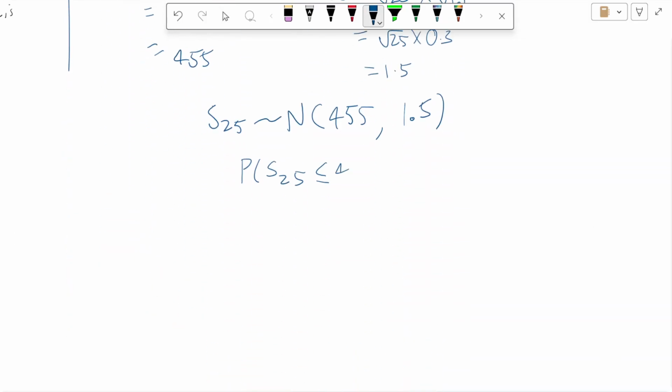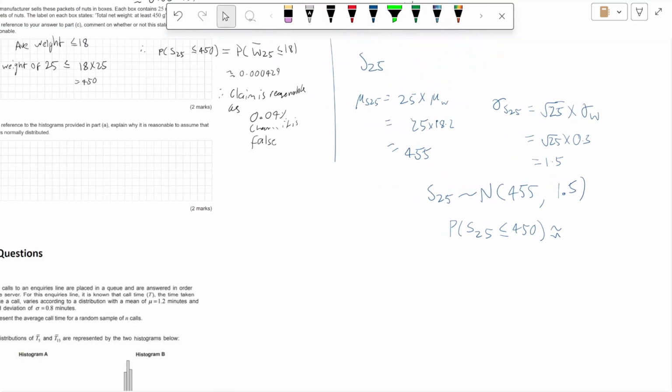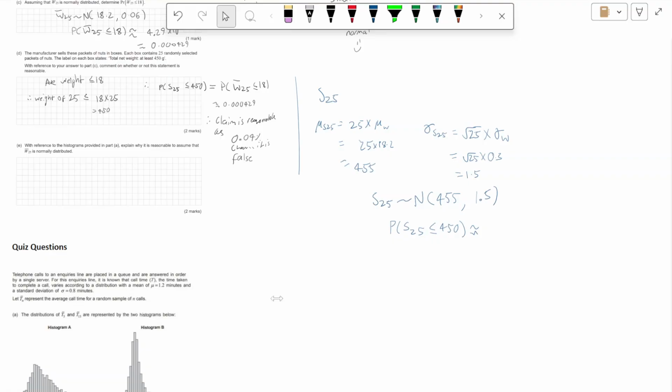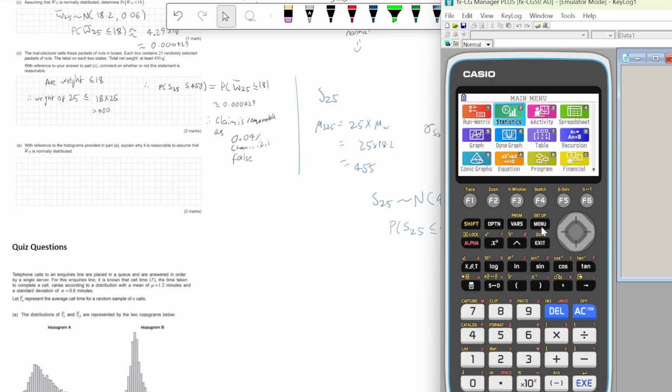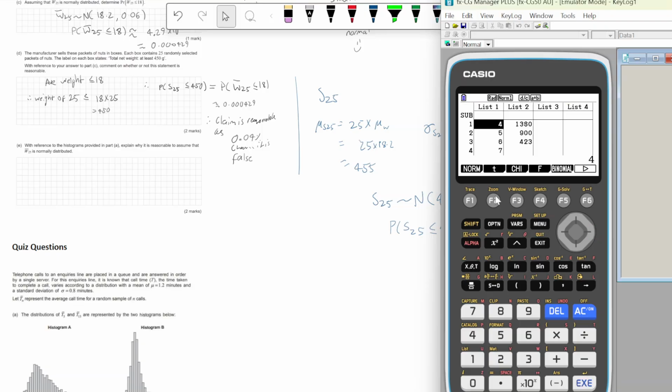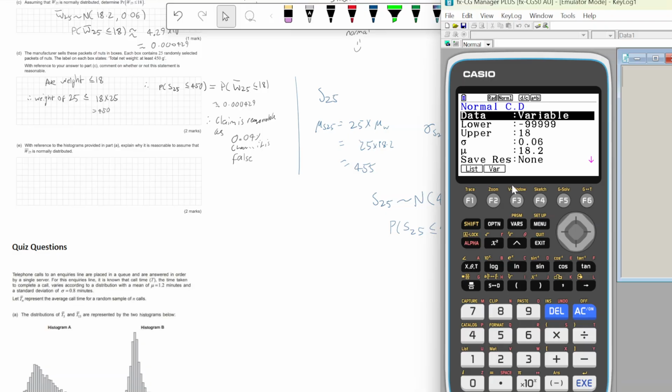I would encourage you to actually pause the video and see what you think this answer should be. We do know what it should be. Anyway, if you do that, then it'll work out to be the same as the previous answer we got. So dist, norm, NCD, the upper is 450, the standard deviation is 1.5, and the mean was 455.